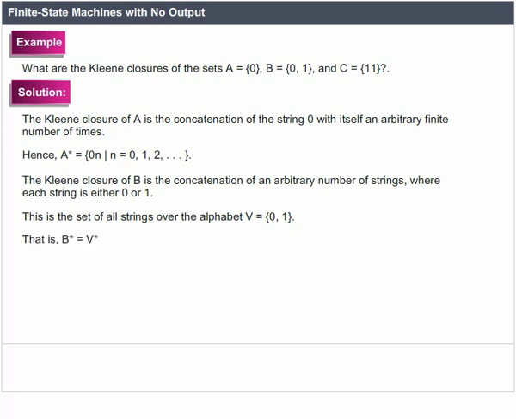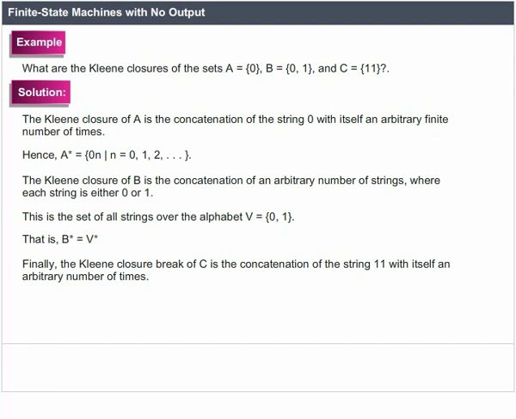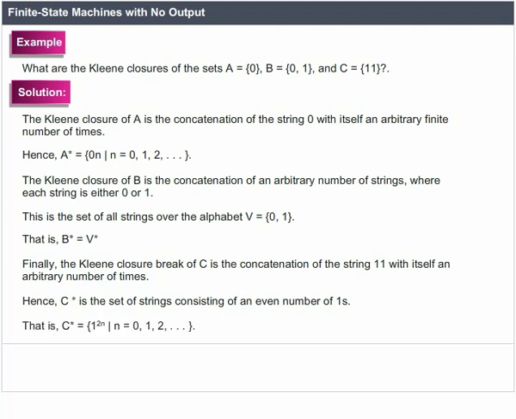Finally, the Kleene closure of C is the concatenation of the string 11 with itself an arbitrary number of times. Hence, C* is the set of strings consisting of an even number of ones. That is, C* = {1^(2n) | n = 0, 1, 2, etc.}.